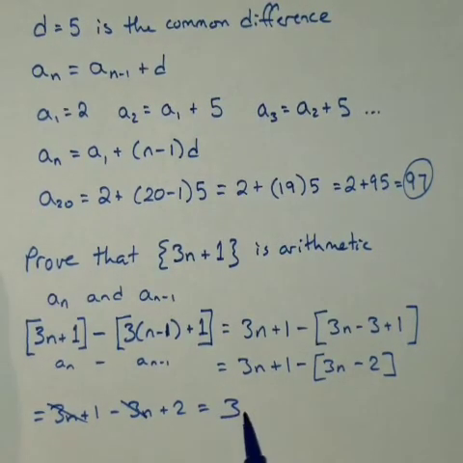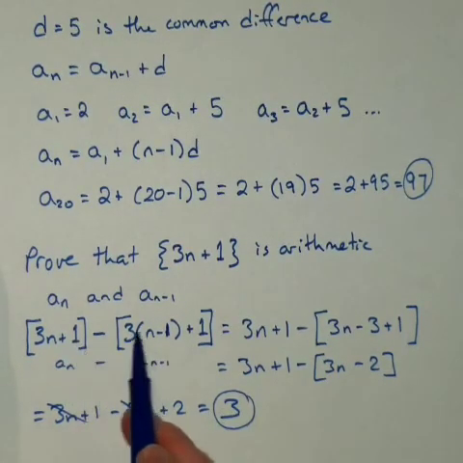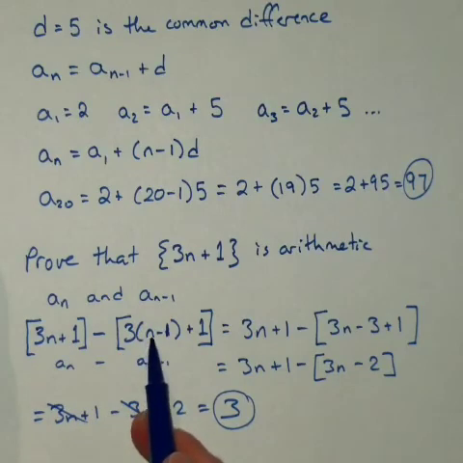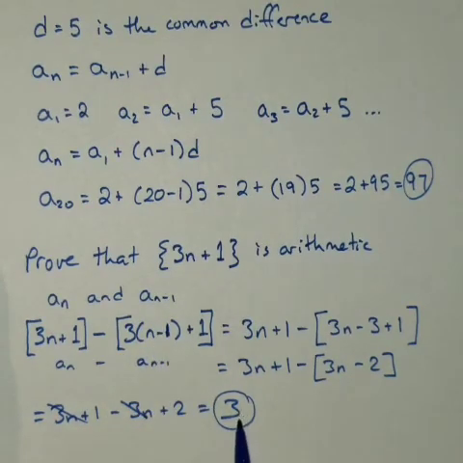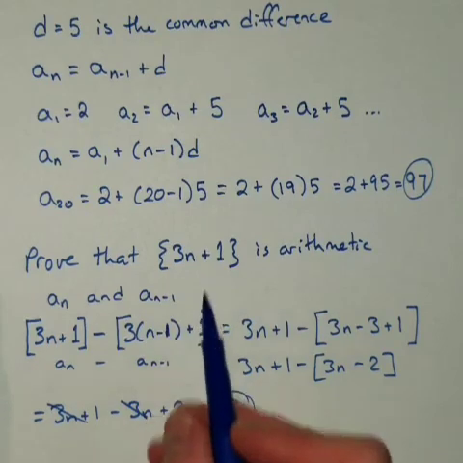Now, that's a number, and it doesn't involve n, so there's no variable here. That means the difference between any two consecutive terms is this constant 3. And I've done my proof. Okay, as long as that's a constant, the sequence is arithmetic.